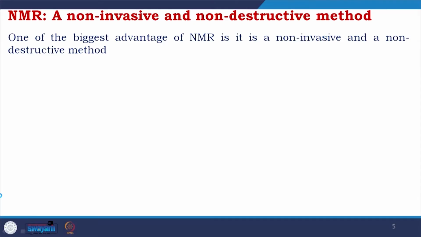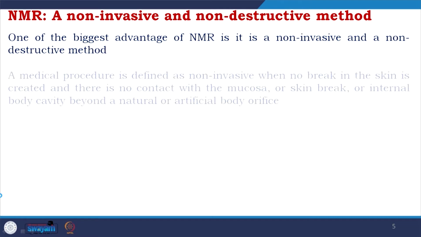It is a non-invasive and non-destructive method. So, one of the biggest advantages of NMR is that it is a non-invasive and non-destructive method. When I say non-invasive, you could understand non-destructive, it does not destroy the sample, but what is non-invasive?